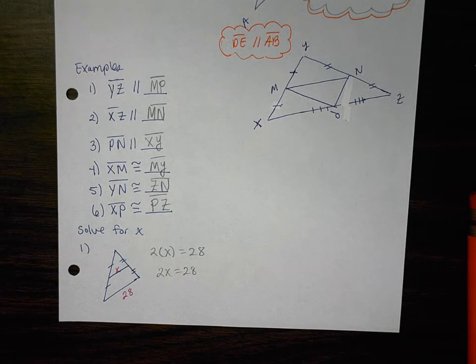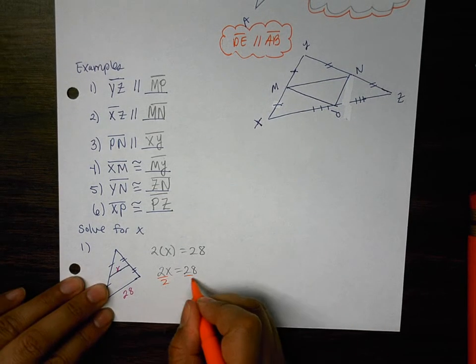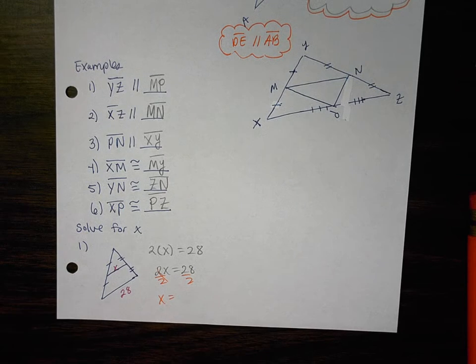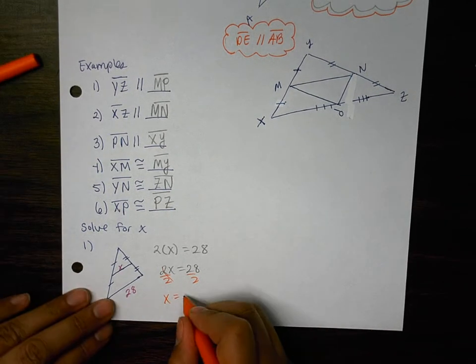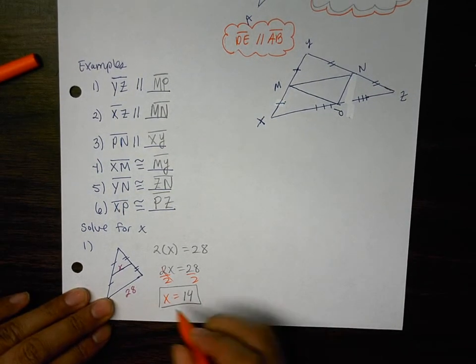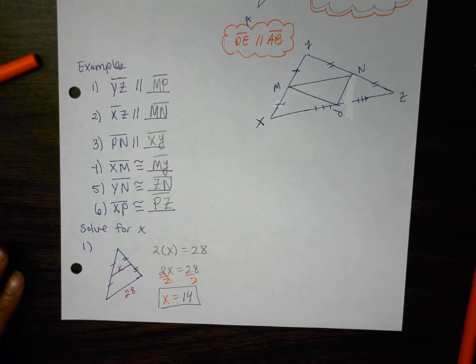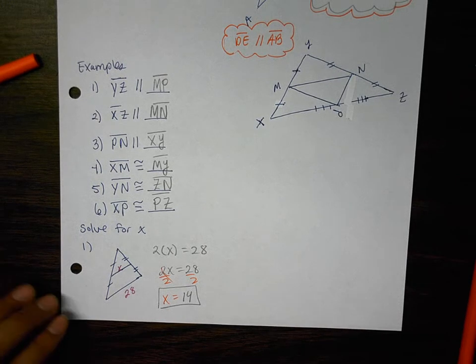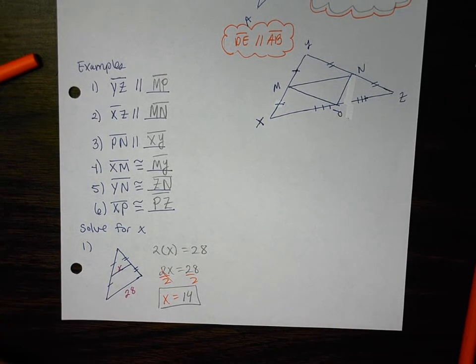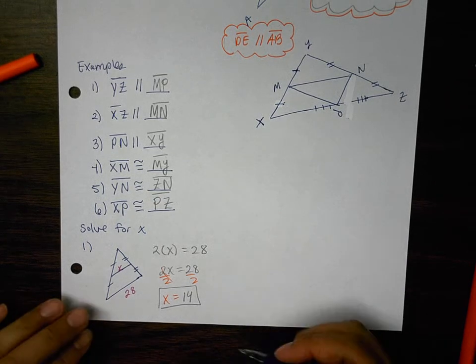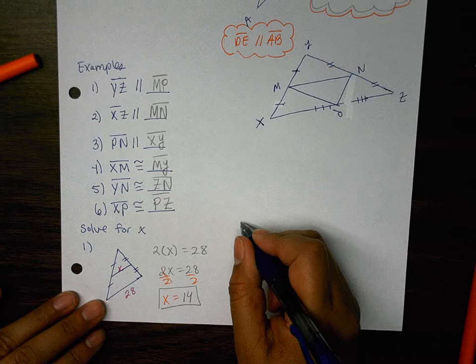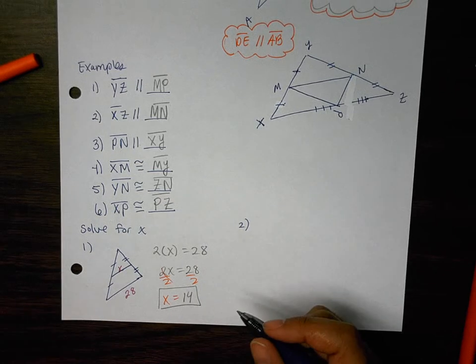What do I divide both sides by? 2. X equals what? 14. Yes, but you have to write it down. And I've told you guys that, so it shouldn't be shocking.